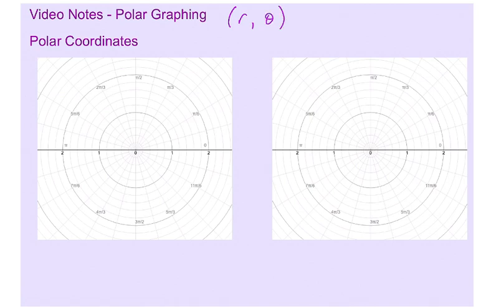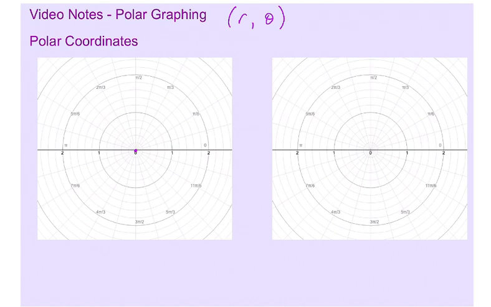So the r stands for radius. Instead of a standard position in the x distance, like a horizontal distance like the x value, the r is the distance from the pole. The pole is another name for the origin. It's that center right there.